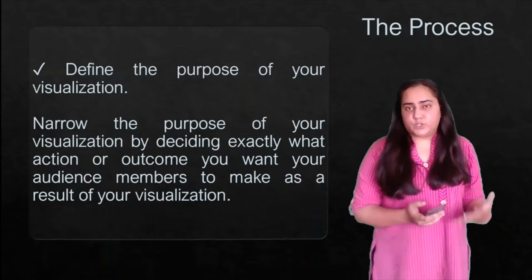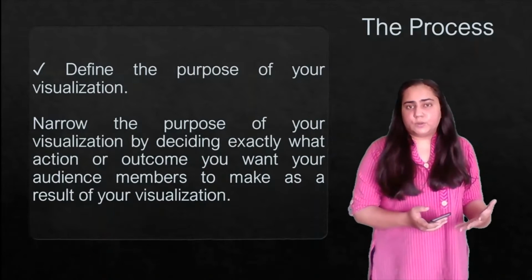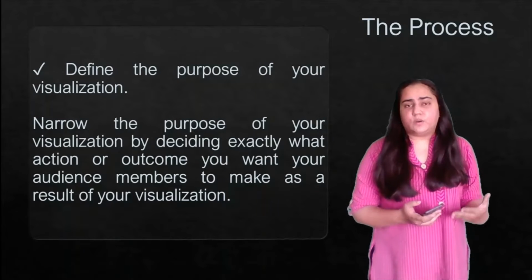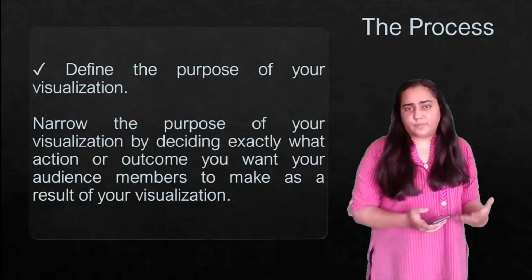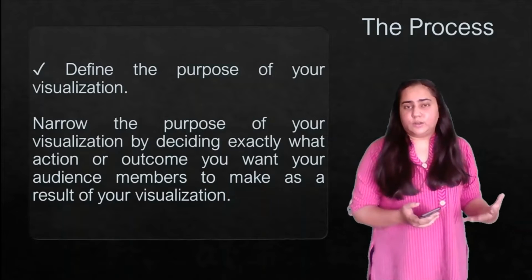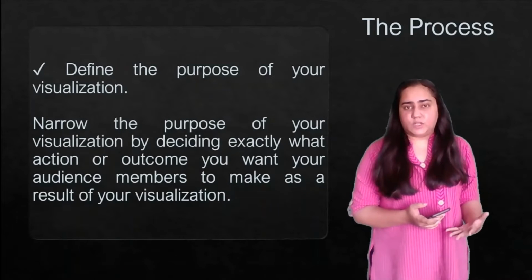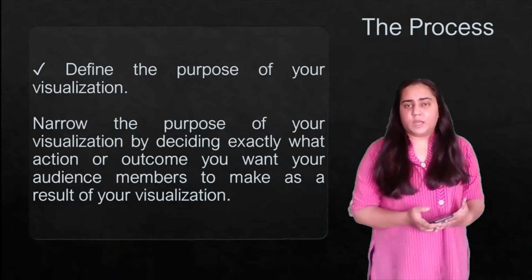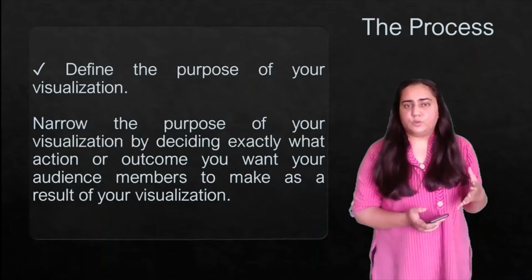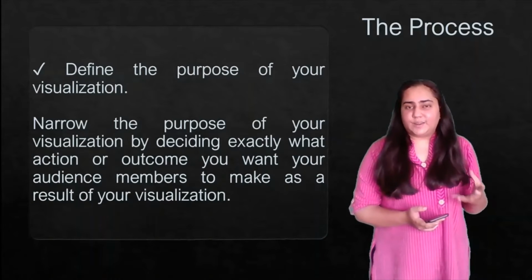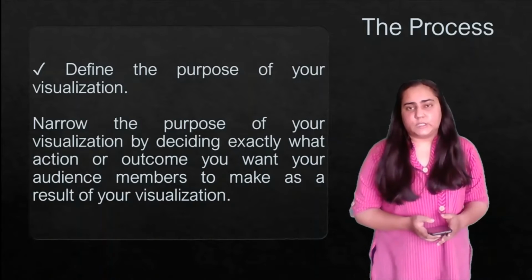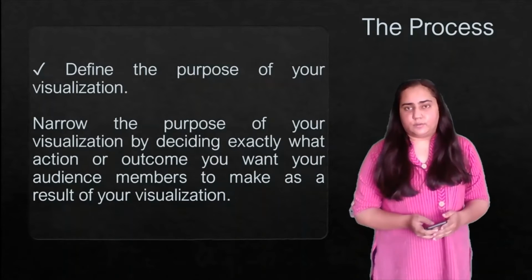We want our visualization to show some conclusion, and we want our audience members to actually pick up that conclusion. We want them to reach the same conclusion as you did. So you want to make sure that the purpose of your visualization is narrowed down.